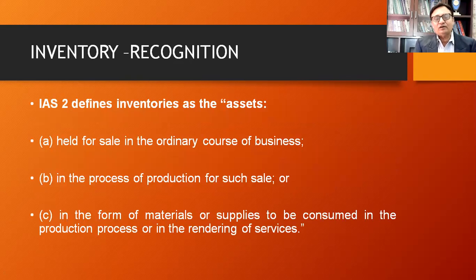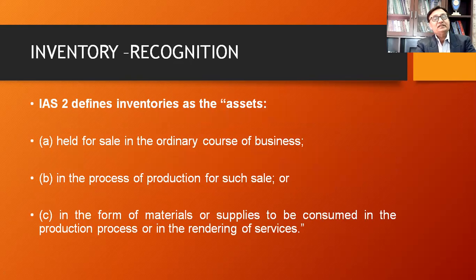First, let's talk about inventory recognition. International Accounting Standard 2 has defined inventory as assets, number one, those assets which are held for sale in the ordinary course of business.